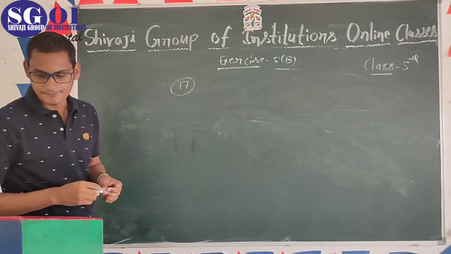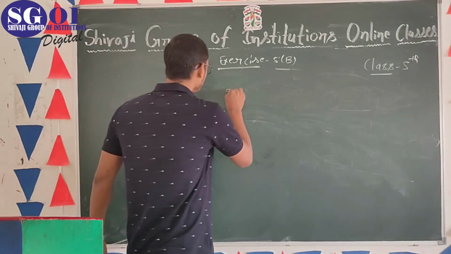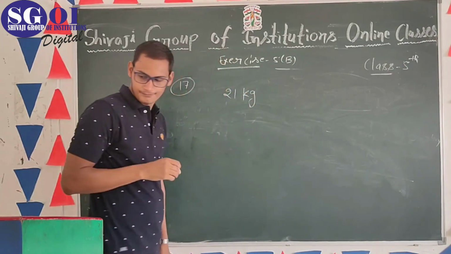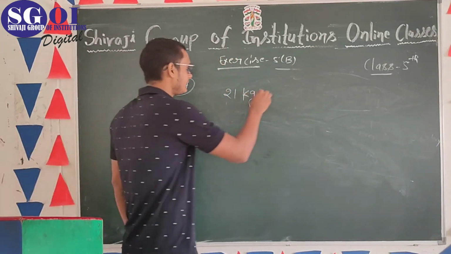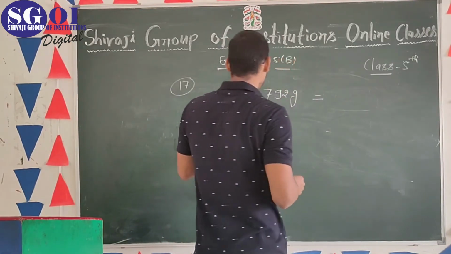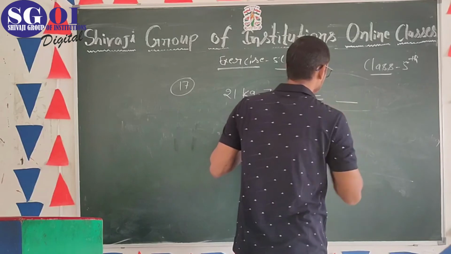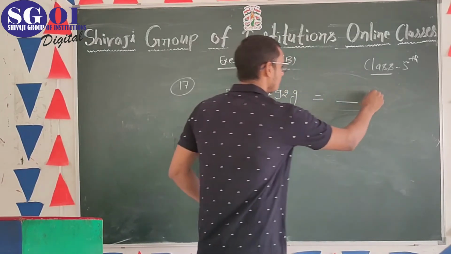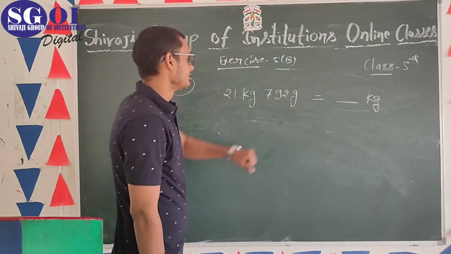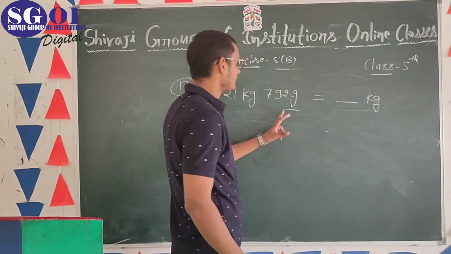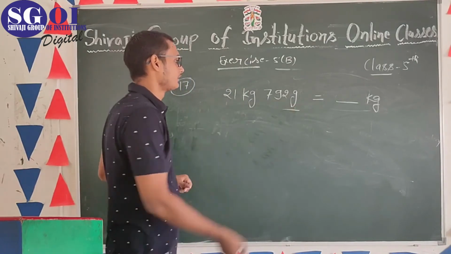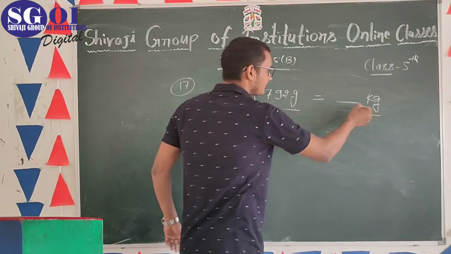Question number 17: 21 kilogram 792 gram, and we have to change these units into kilogram. The 792 is in gram, so we change this unit into kilogram because we have to find the answer in kilogram.